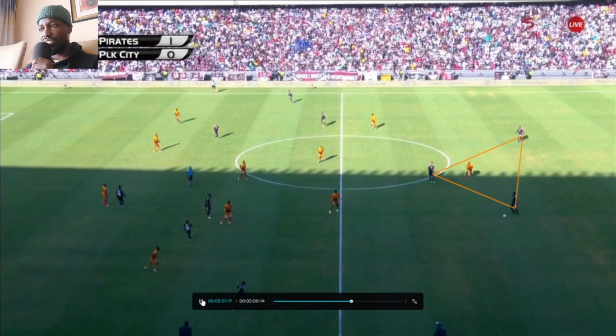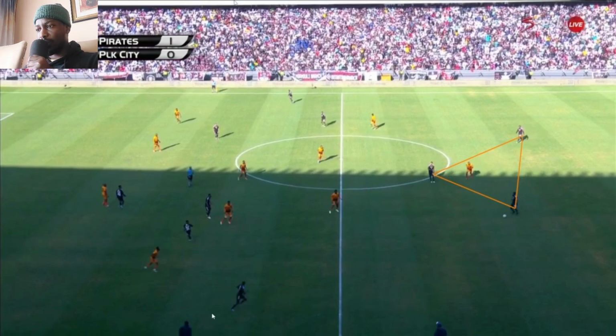You can see now, like I said before in the last clip, the last key moment we saw. So this triangle here is still like a road. There's nothing this player can do.